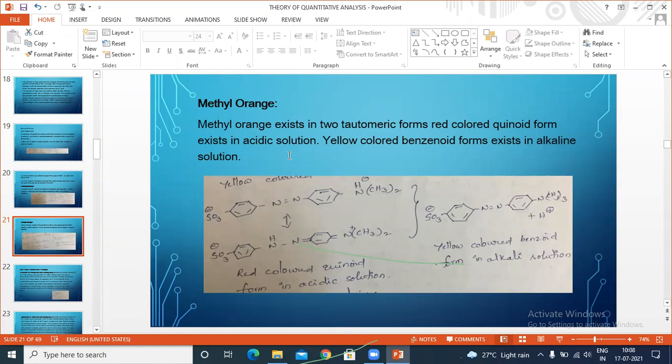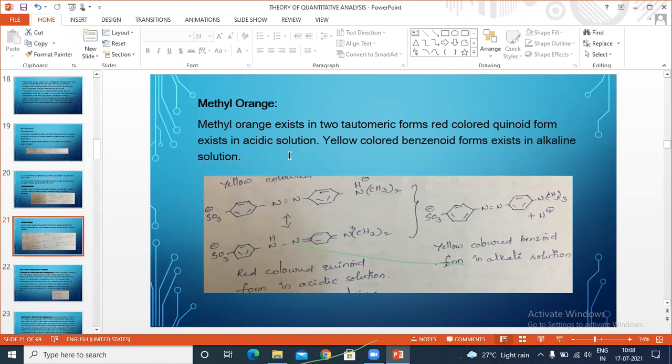According to quininoid theory, phenolphthalein is in benzenoid form in acidic medium, which is colorless. In basic medium it is pink in color, and the compound has to tautomerize to the quininoid form. But in the case of methyl orange, in acidic medium the quininoid form is more stable, which is red in color, or simply orange-red.